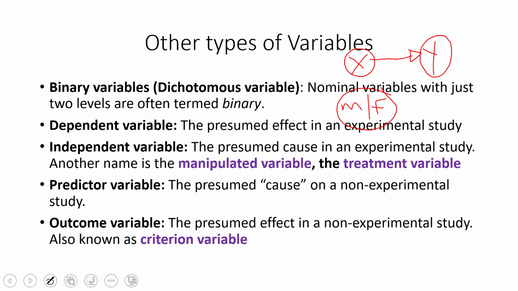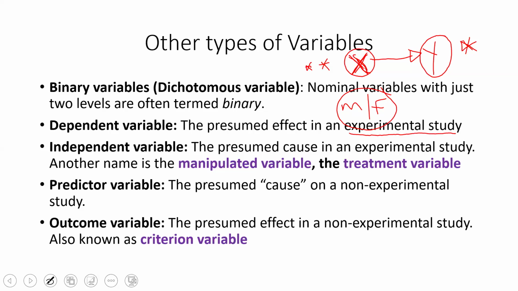So body weight will be our Y. Fasting will be our X, because we are looking at the effect of X on Y. That is why we say the presumed effect in an experimental study. The independent variable is the cause. Another name for that is the manipulated variable, the treatment variable.